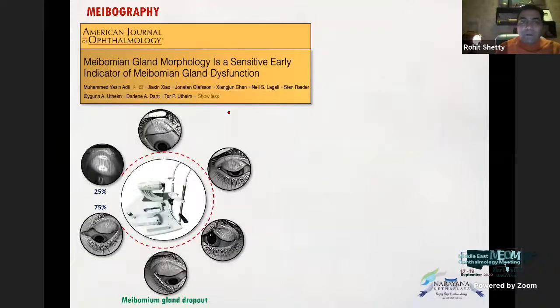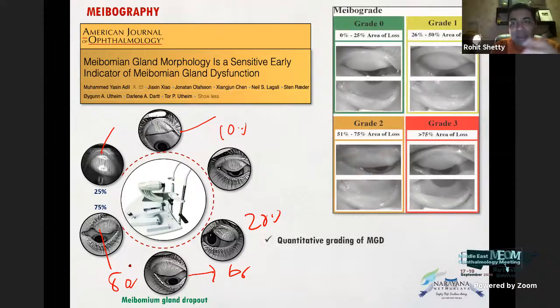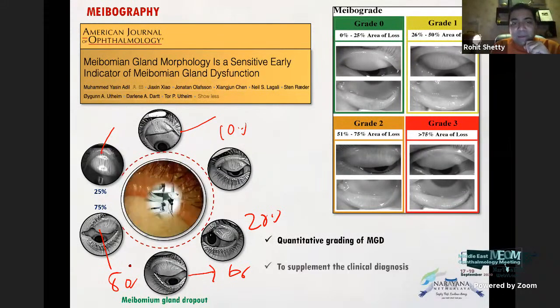There are different meibographers today, which look at healthy meibography. You can have a 10% loss, 20% loss, and you can see more than 60% and then 80% loss. These are all very important to look for, because these are the patients who will be very unhappy, and different grading systems have been mentioned.